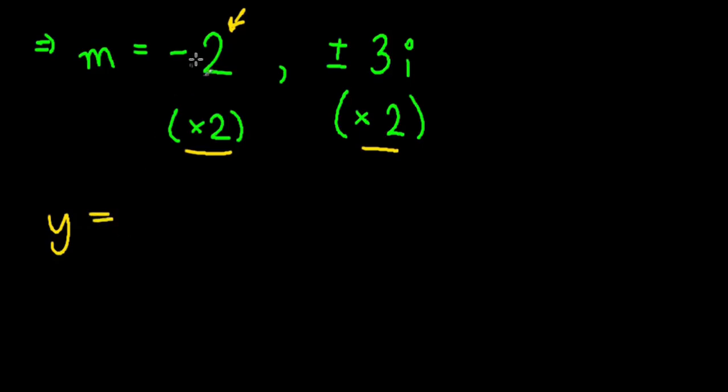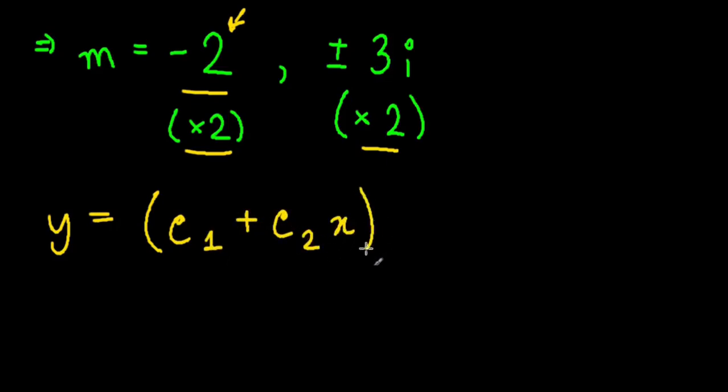So the portion of the solution from here is gonna be, repeated 2 times, some general linear term in x. So c1 plus c2 multiplied by x, and then this is multiplied by e to the power of that repeated root, negative 2, and then x. All right, so this is that portion.